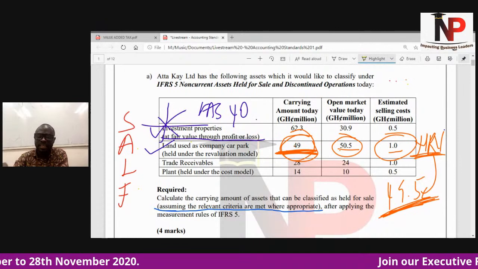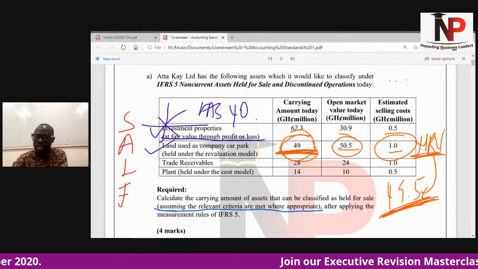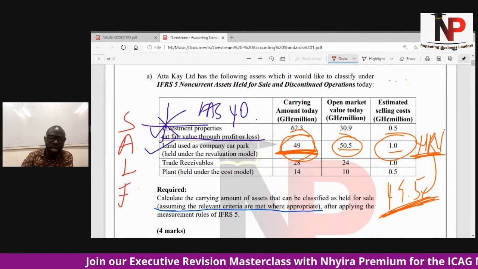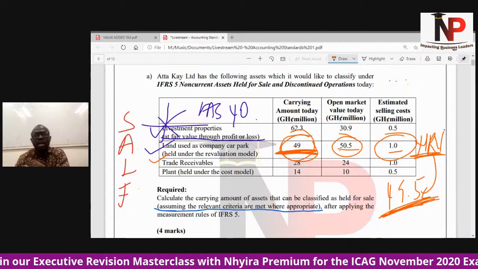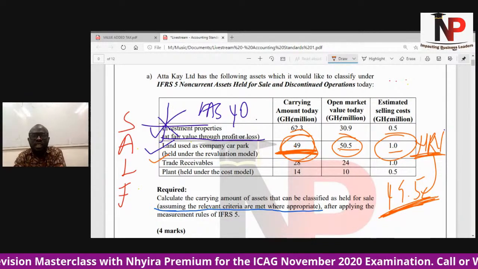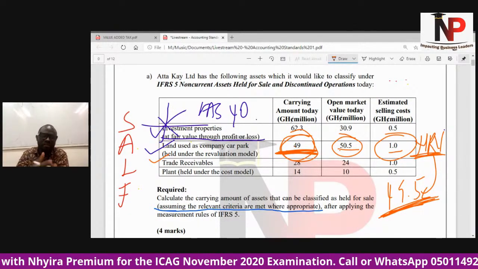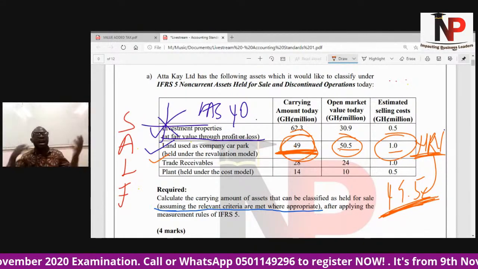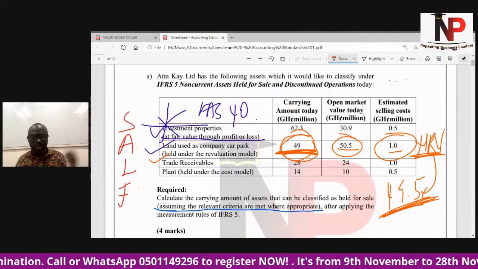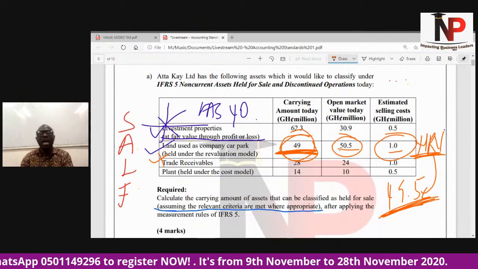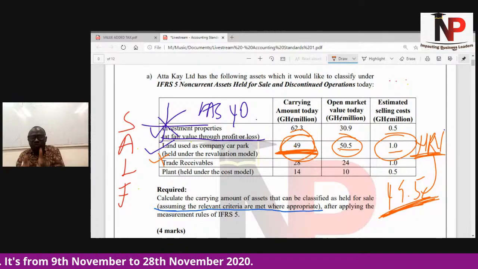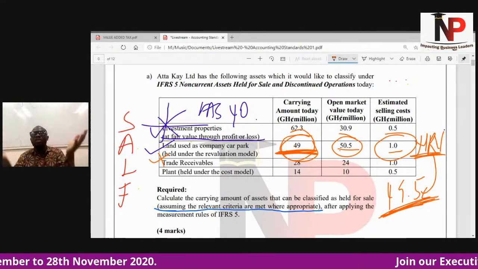Then the third item. Now, stay with me very carefully here. The third item is trade receivables. Can you imagine? How can you carry trade receivables as held for sale? Trade receivables is how much people owe you. So trade receivables is also going to be out, because trade receivables does not fall within the scope of IFRS 5.